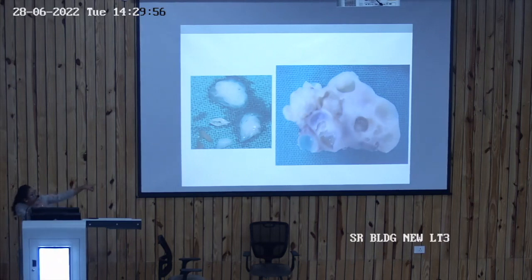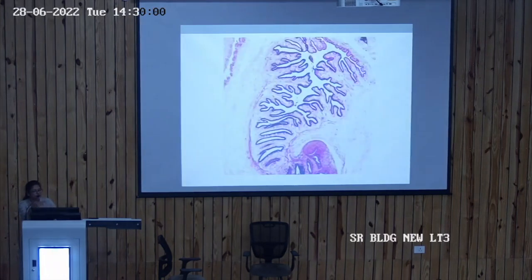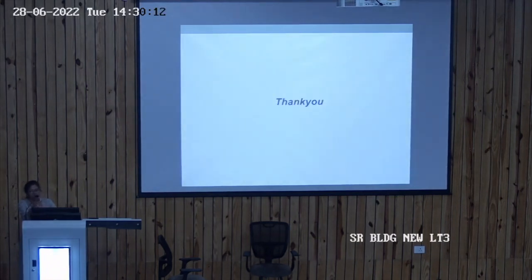They are fluid filled. This is the histopathological section of cysticercosis. If you see this in histopathology, that means the patient has cysticercosis.